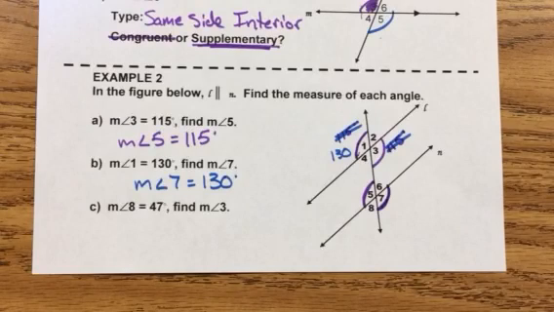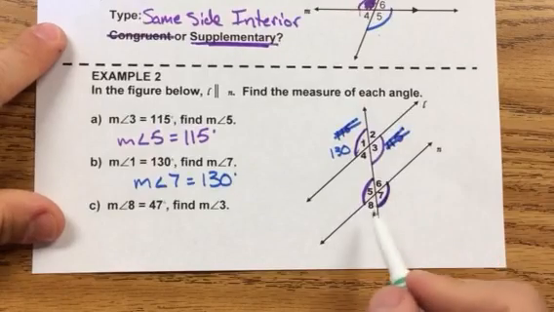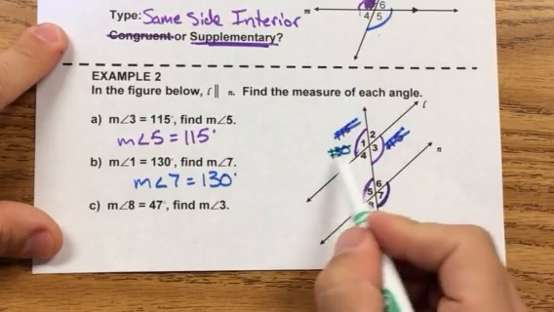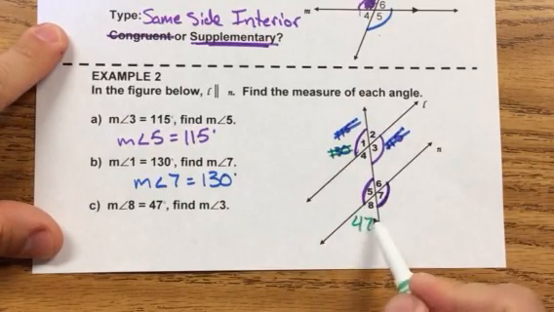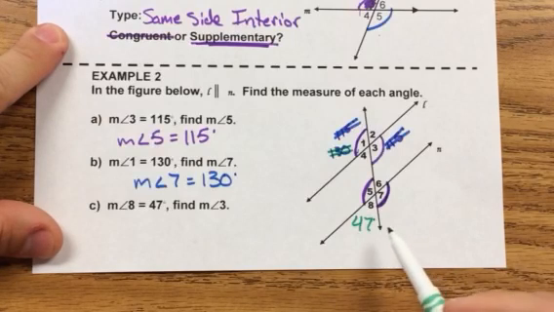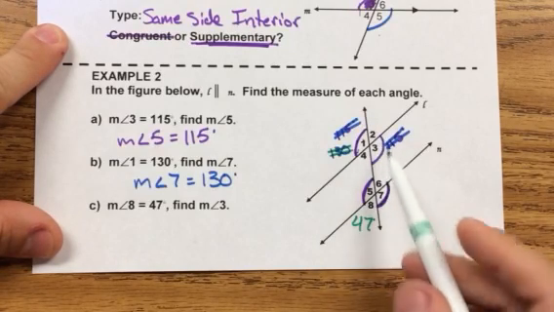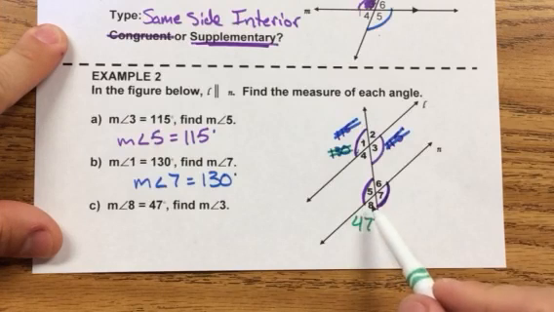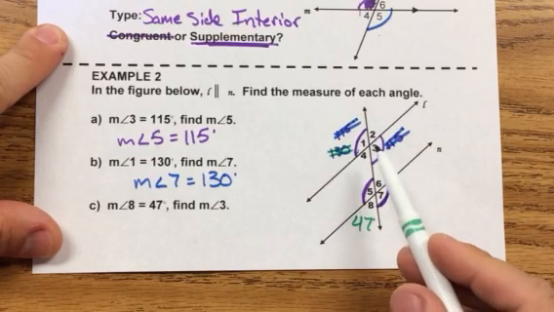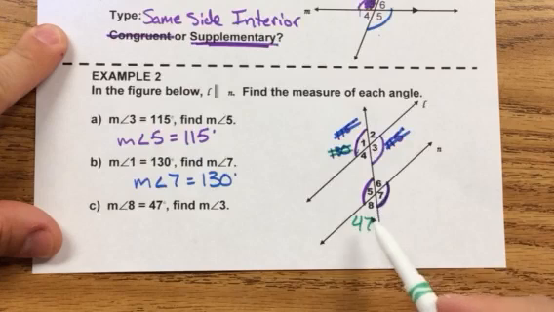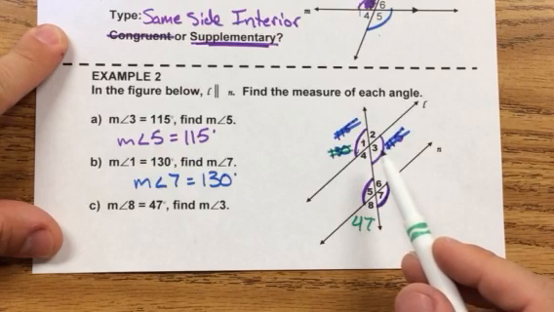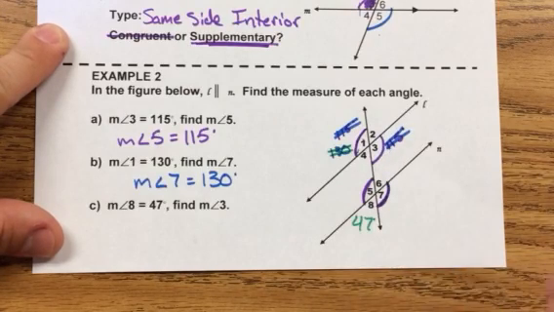So far, so good. Looking at it again, this time we've got angle 8. Angle 8 is down here, and they tell me angle 8 is 47 degrees. They ask me to find angle 3. Notice angle 8 does not have any purple. Angle 3 does have purple, which means that they are no longer going to be congruent. They will be supplementary.